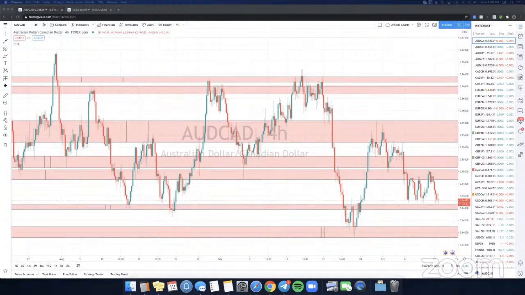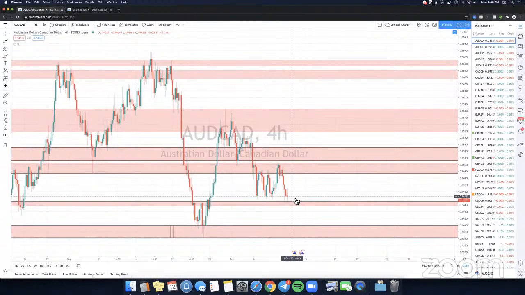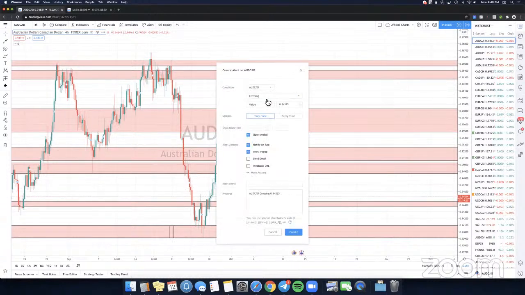Can you teach me how to set an alert on TradingView at a certain pip? No rush. So Toon, basically when you want to set up alerts, all you got to do is set it depending on whatever parameters you want. So say if you wanted to be alerted when price reaches a certain price point, you just right click right there. You'll go to add alert, and then you can put whenever price crosses it, or there's so many other options here.